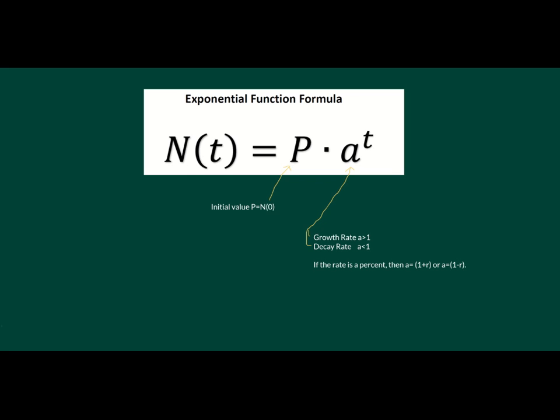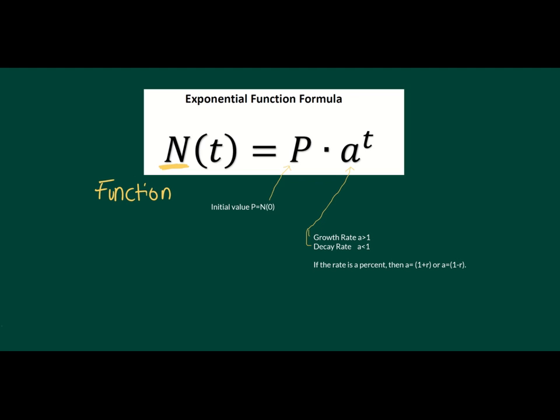All right, so I just want to label these parts for you to make sure you know what we're doing. We have our function name, which is n in this case. This is my function name.